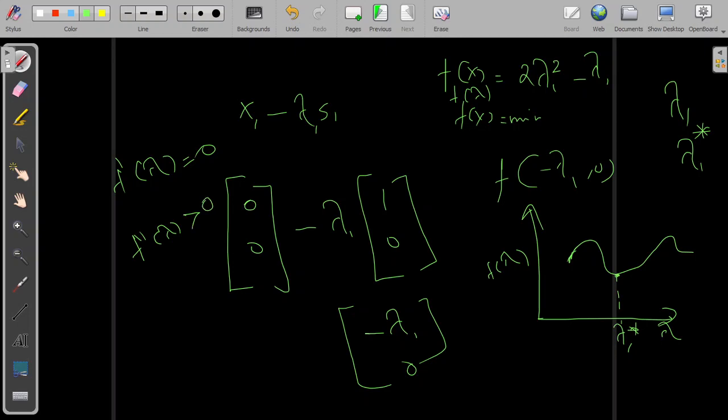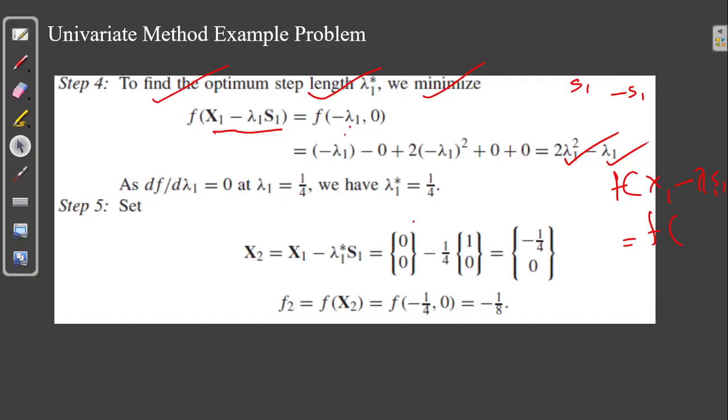If these two conditions are satisfied, then this lambda 1 yields the minimum value of f. In that manner we found lambda 1 equal to 1 by 4, that is 0.25. So the optimum step length is 1 by 4.